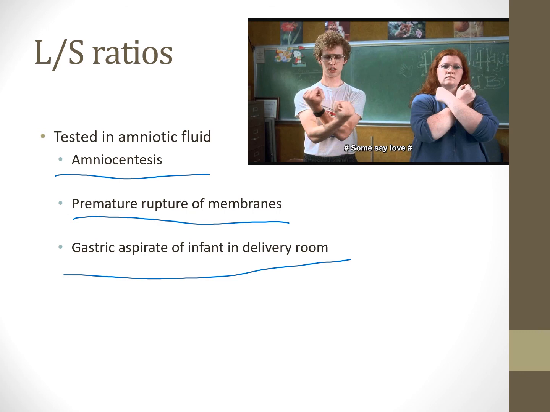So this would not be something you would traditionally do. That would be either the NNP or one of the other members of the care team that's supposed to go gastric with their materials, and then they would just get a sample there, and we send it, and we can get an LS ratio from it as well. So then we can sort of see what we're expecting, if we should hold off on giving surfactant, or if we should consider surfactant replacement therapy, and so on and so forth.